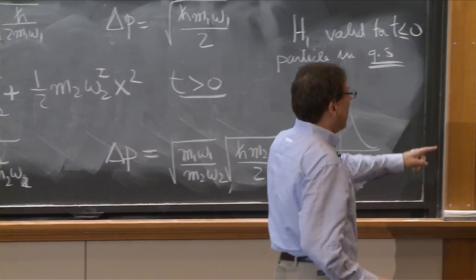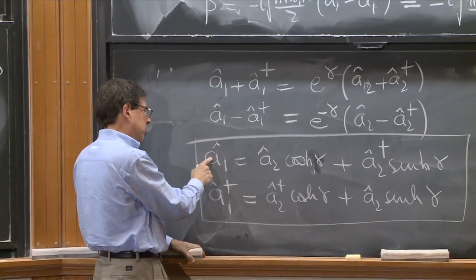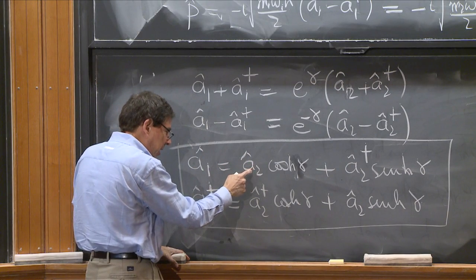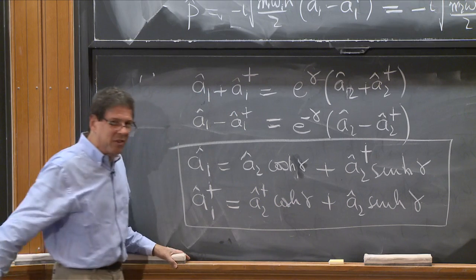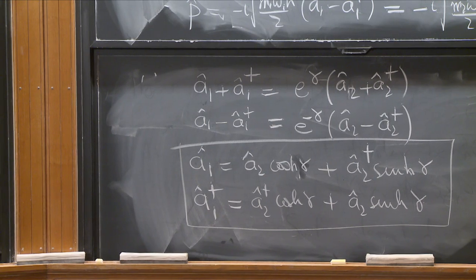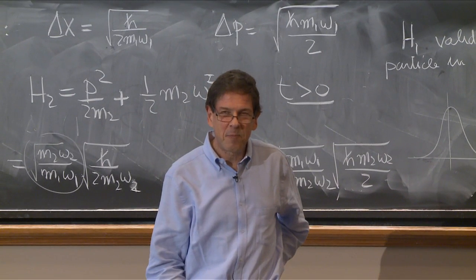The new annihilation operator, or the old annihilation operator, is a mixture of the new annihilation operator and a creation operator. They're mixed. It's a very strange thing what has happened. A mixture between creation and annihilation operators.